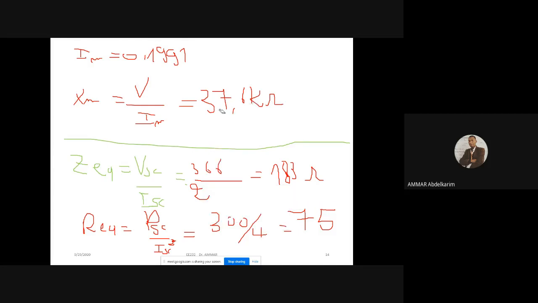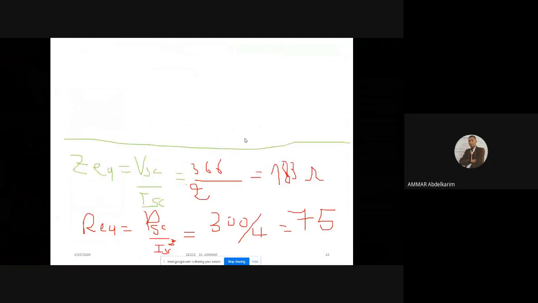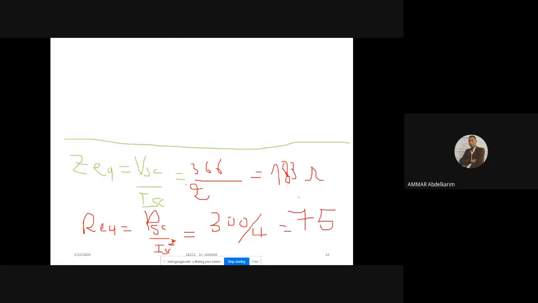Okay, now let's calculate X equivalent directly, since we have Z and R. So X equivalent equals the square root of Z square, which is 138 square, minus 75 square.